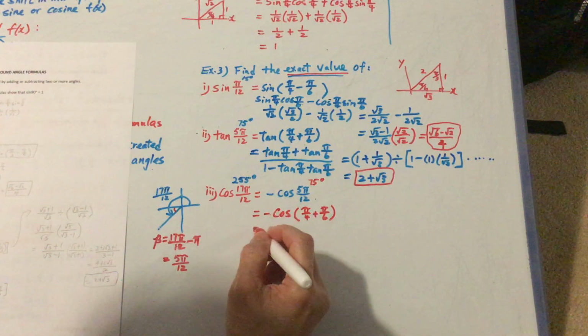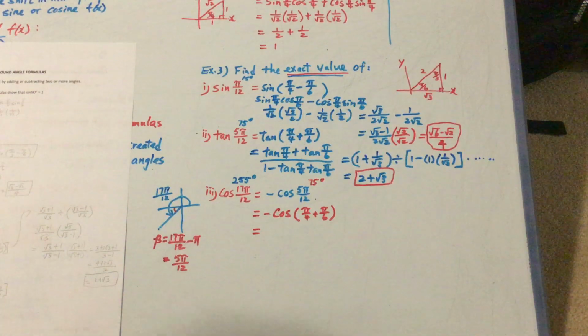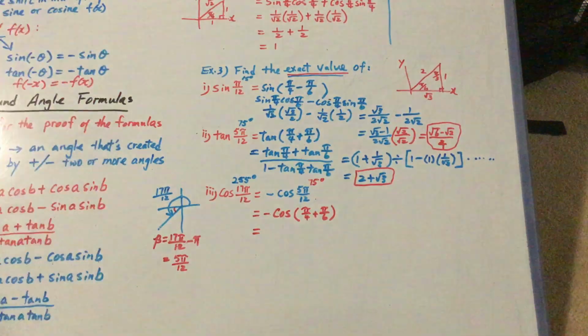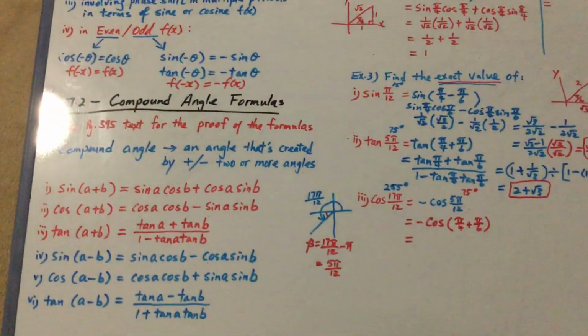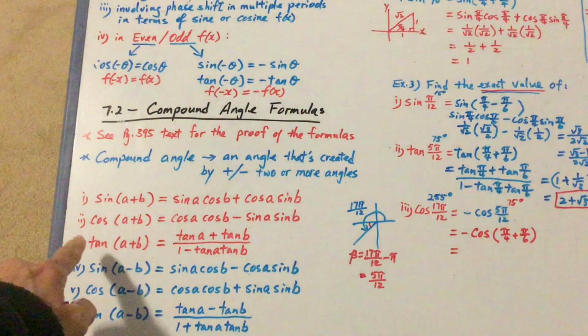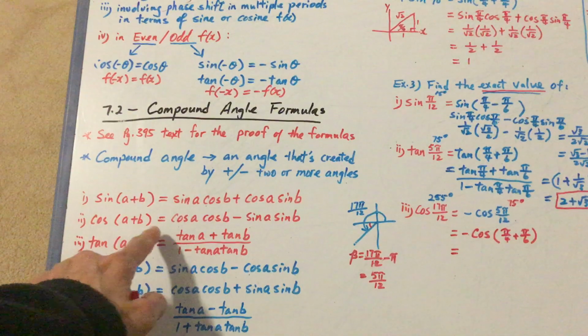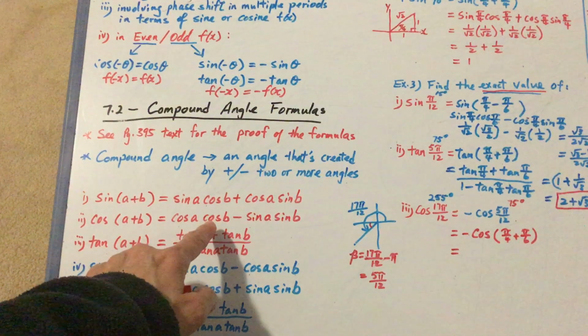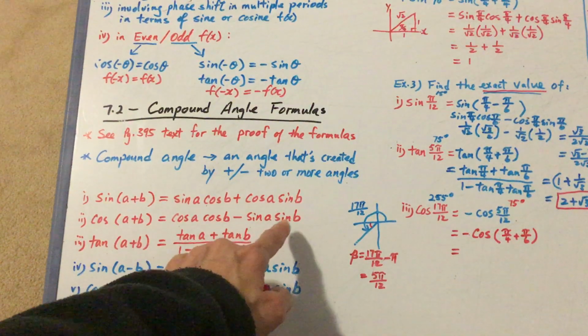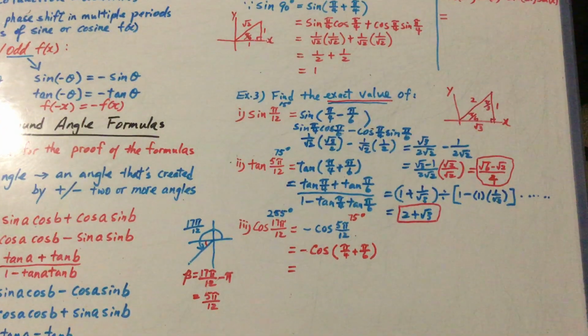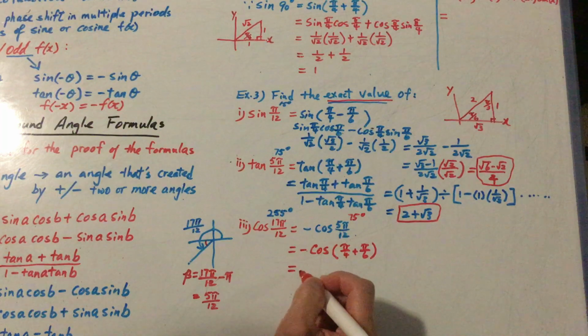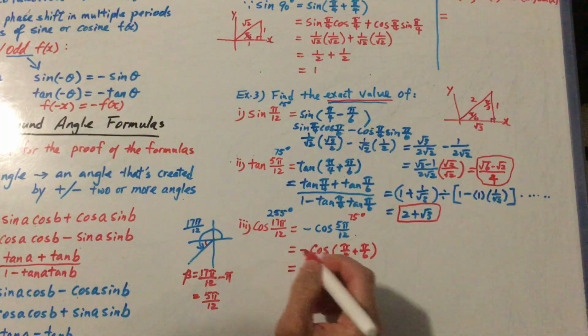And from here, I would just follow the formula for the compound angle for cosine when you're adding. So cos of A plus B is equal to cos A times cos B minus sine A times sine B. So I'm going to do that over here now. But what is outside is still the negative, unchanged.